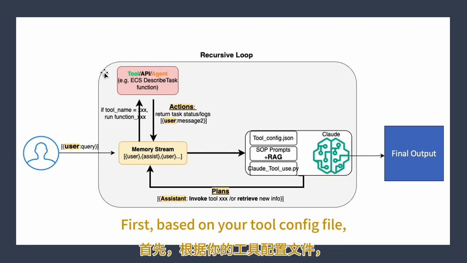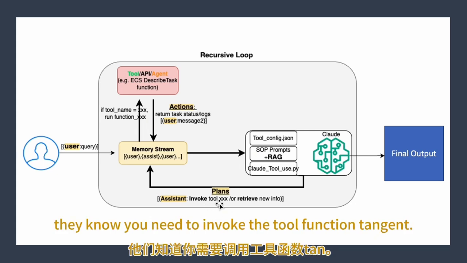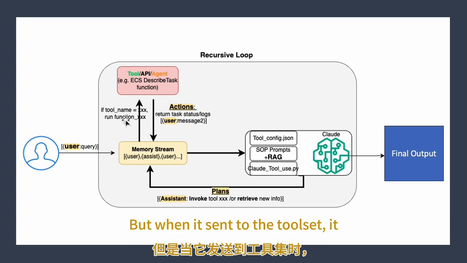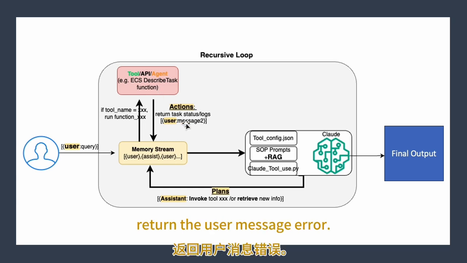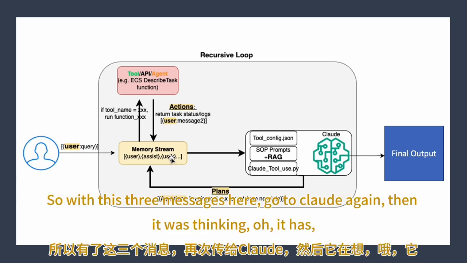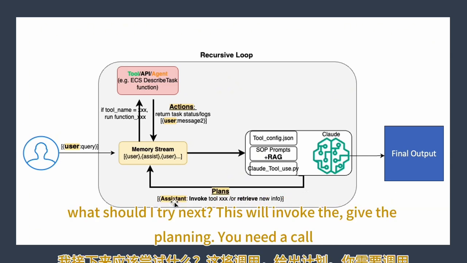Okay, first based on your tool config file, it knows you need to invoke the tool function tangent. But when it's sent to the toolset, it throws an error exception and returns the user message error. So this message goes to Claude again, then it is thinking, oh, it has an error, what should I try next?